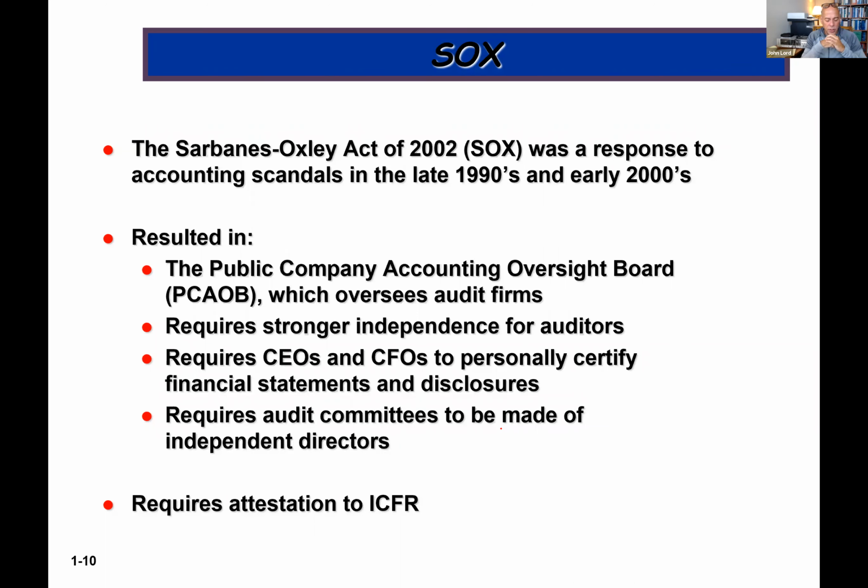And under Sarbanes, not only do you have these criminal penalties for engaging in the fraud, but also the auditor is going to be involved in looking at those internal controls and saying whether or not they think they have the ability to ensure reliability in financial reporting.